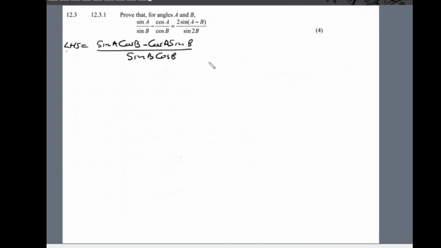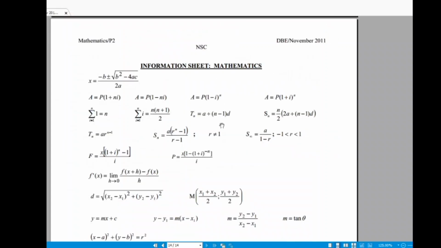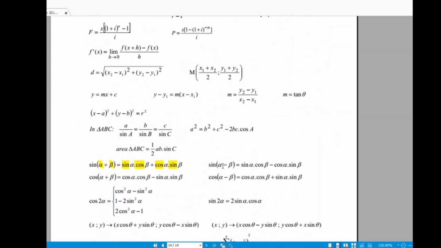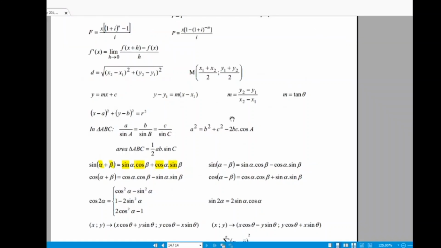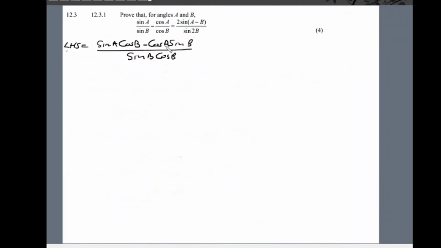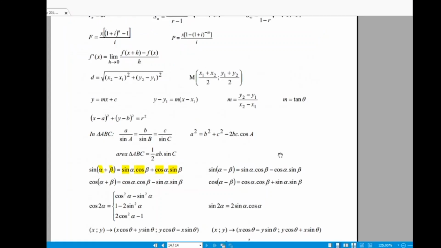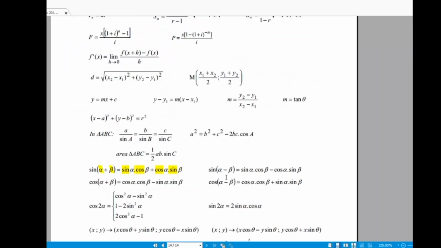And then if you go to your formula sheet and look at sine of A minus B, you would see that is sine A cos B minus cos A sine B. Notice that in our numerator we have sine A cos B, which is this part here, and then we have minus cos A sine B, which is this second part here. So we can write the numerator as sine of A minus B.